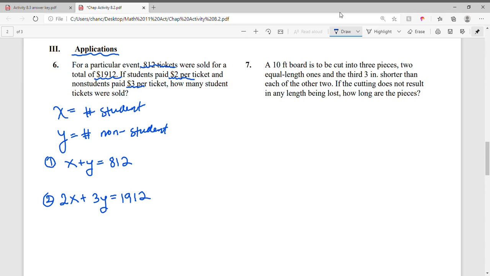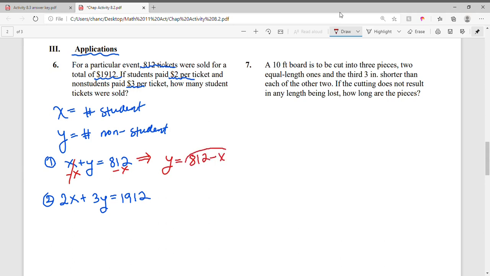Now to solve for either x or y, we have to solve for one of the variables first. I'm going to solve for y and then substitute it into the second equation. Let's subtract x from both sides. And this gives me y is equal to 812 minus x.